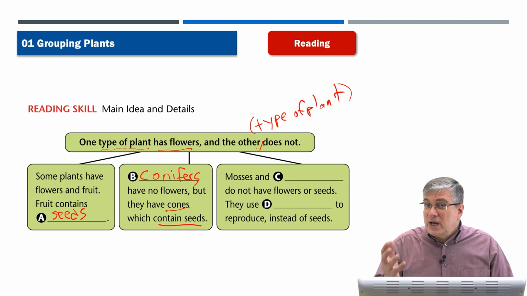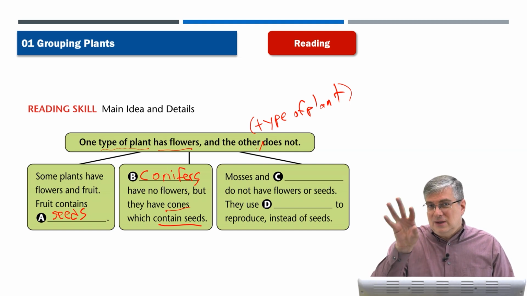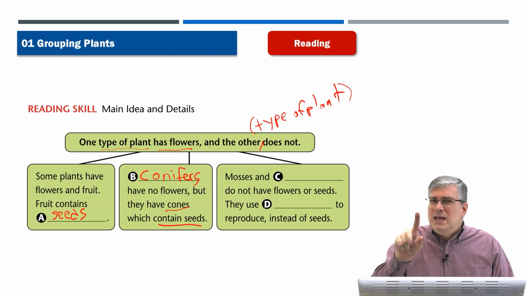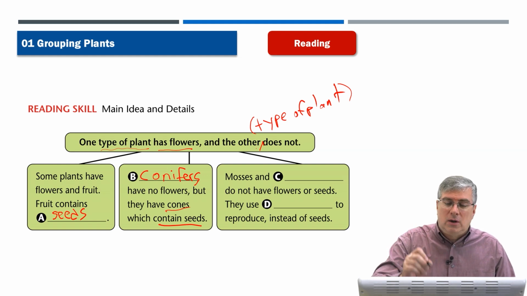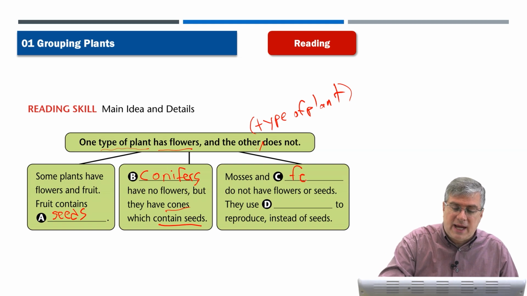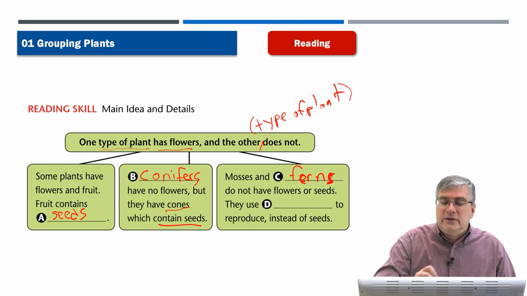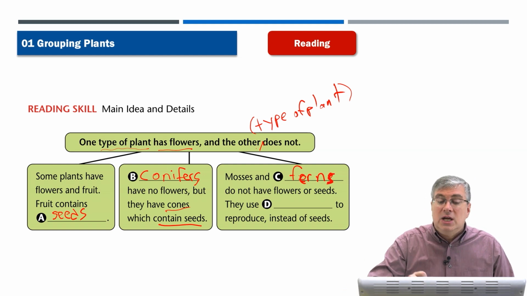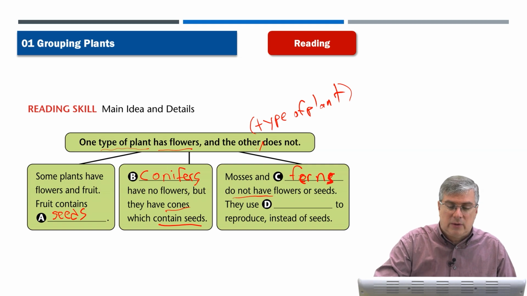Now, there's another type of plant that the reading passage mentioned, and there are two examples of that type of plant. One was mosses. Do you remember the other one? The other one, of course, was ferns. Mosses and ferns. Yes, ferns, and that's an E. So mosses and ferns do not have flowers or seeds.